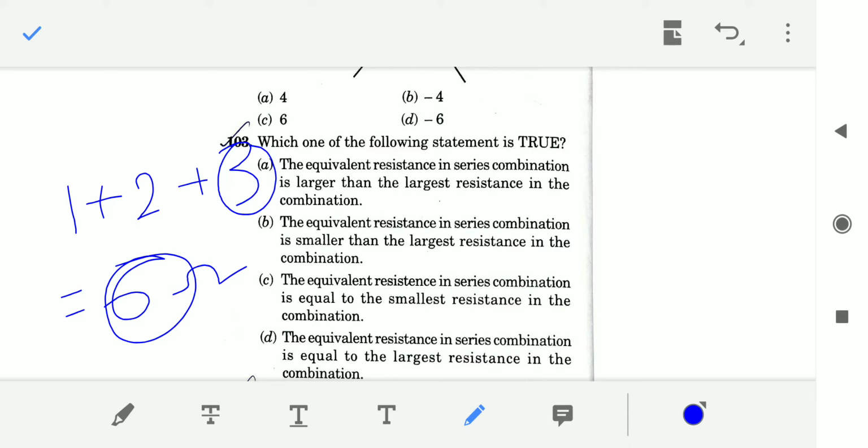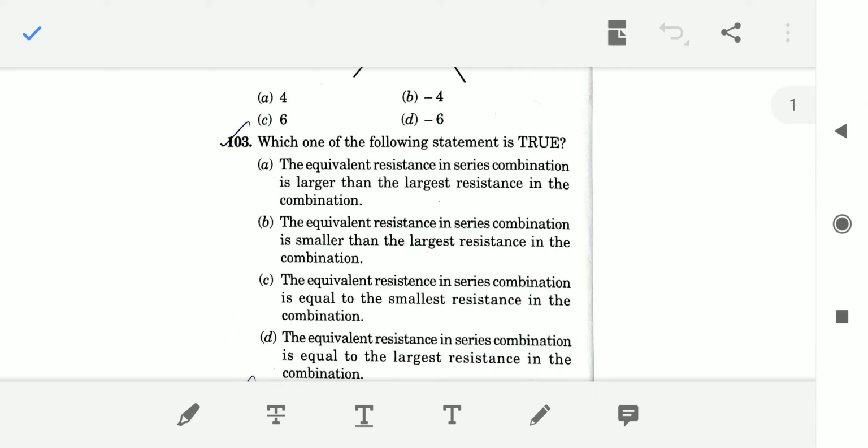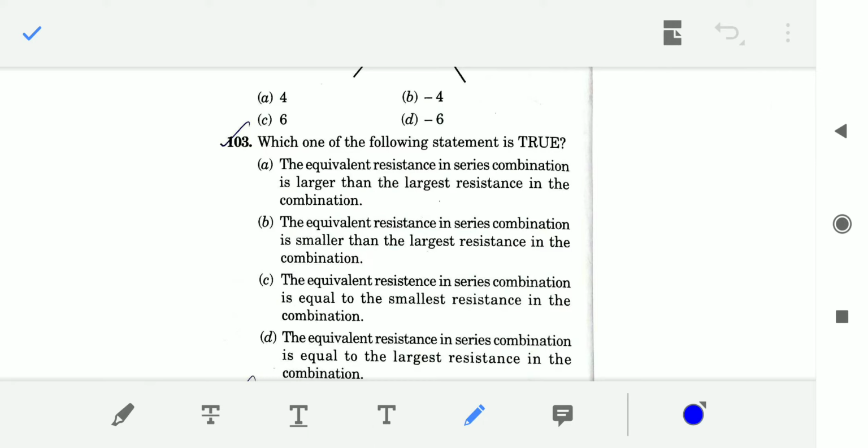So now let us see. Option A, the equivalent resistance in the series combination is larger than the largest resistance in the combination. This is right. Option B, the equivalent resistance in series is smaller than the largest value. This is wrong. Option C, the equivalent resistance is equal to the smallest, is also wrong.